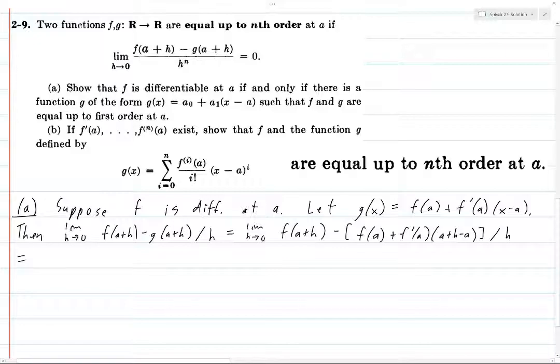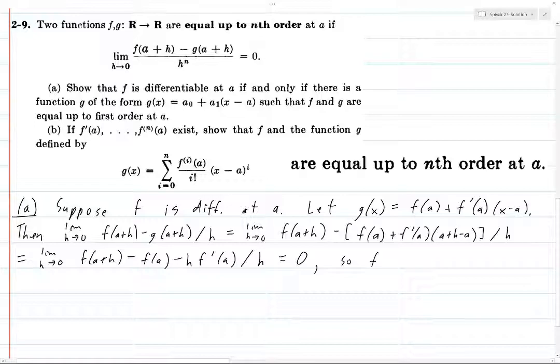And so this is the limit as h goes to 0 of f of a plus h minus f of a minus h times f prime of a over h. And we know that f is differentiable at a, and so that means that this is exactly equal to 0.